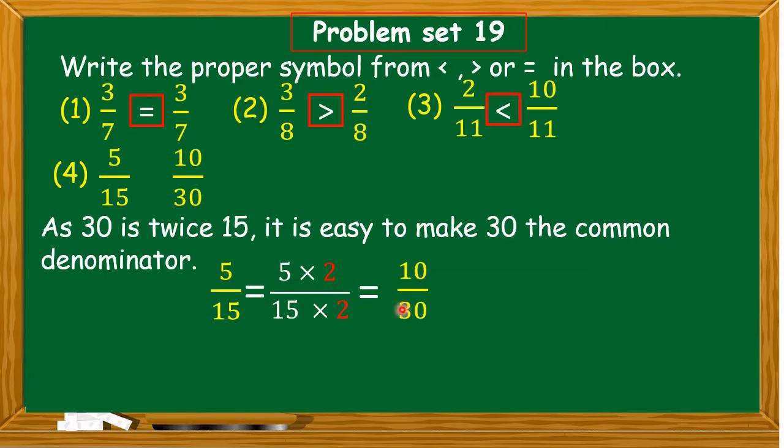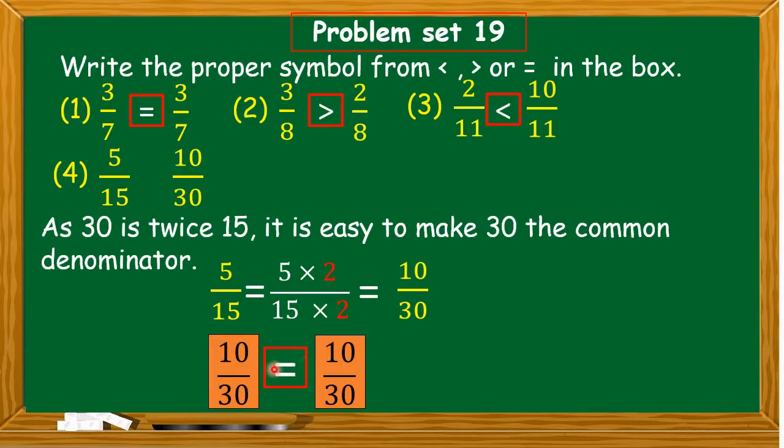Hence, our first fraction becomes 10 upon 30 and the second fraction is also 10 upon 30. As these two fractions are equal, we can put the equal to sign in the box. Hence, we can say the fraction 5 upon 15 is equal to the fraction 10 upon 30.